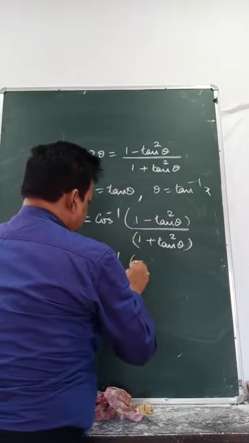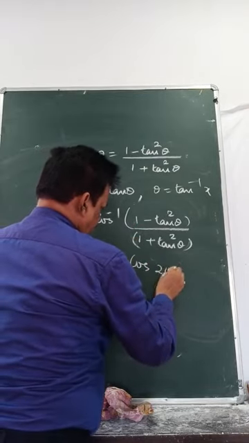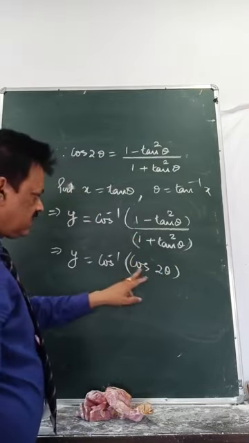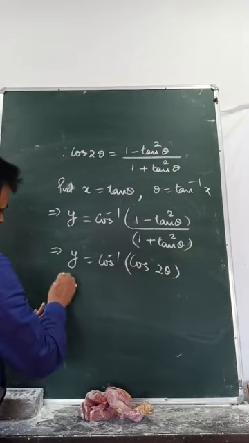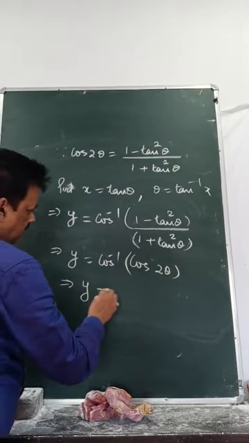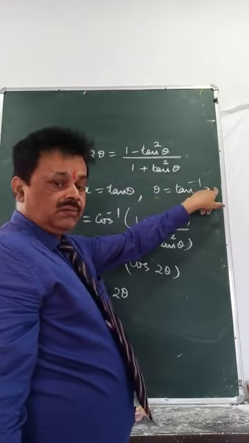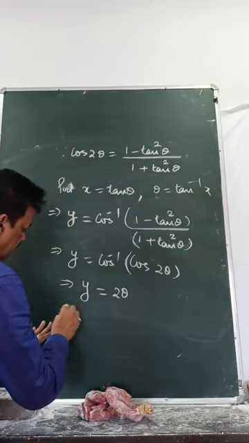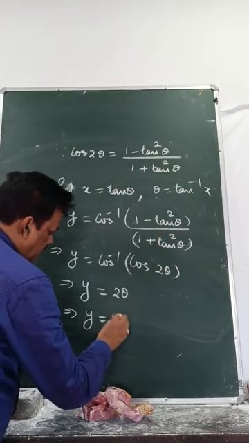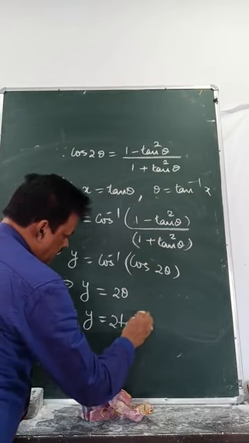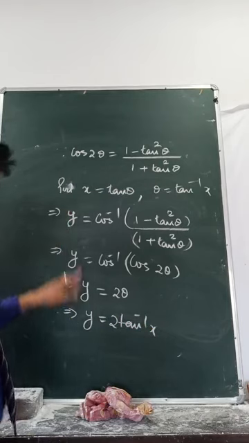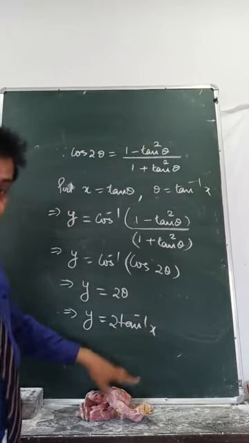Now the cos inverse case is simplified, so y equals 2 theta. What is theta here? Tan inverse x. So y equals 2 tan inverse x. Now we have simplified y, and we'll find its derivative.